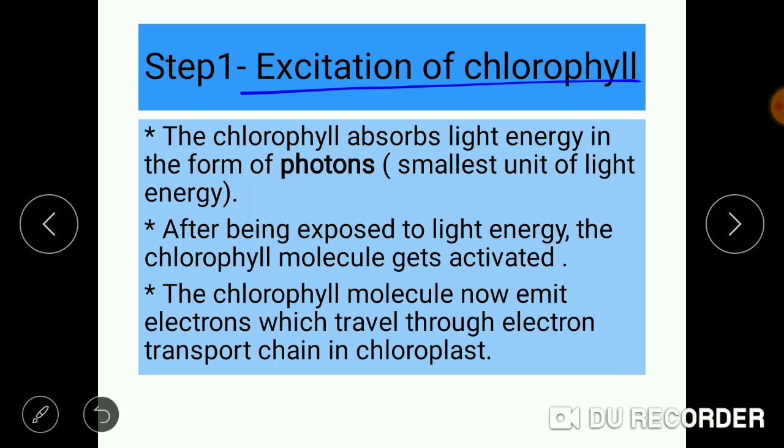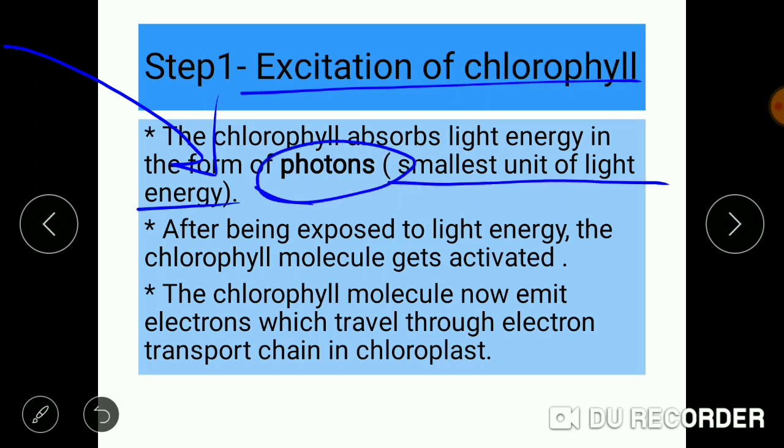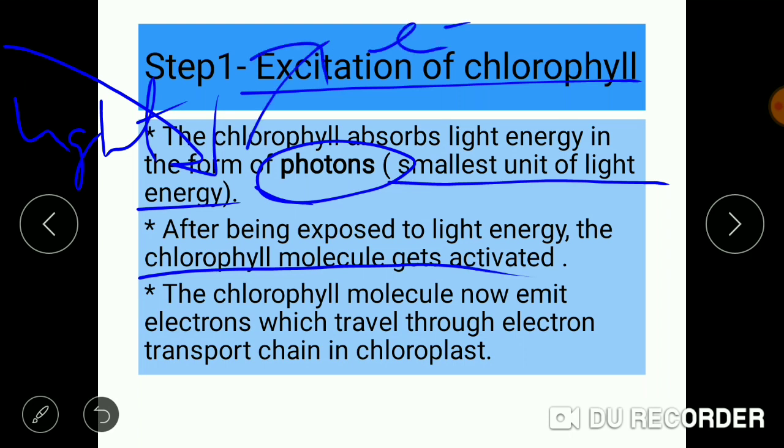As soon as the light falls on the chlorophyll molecule, it falls in the form of photons, which are the smallest unit of light energy. As soon as this light energy falls on the chlorophyll molecule, these chlorophyll molecules get excited and in return emit electrons.